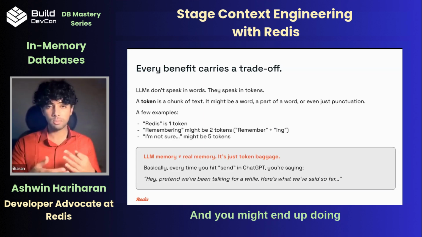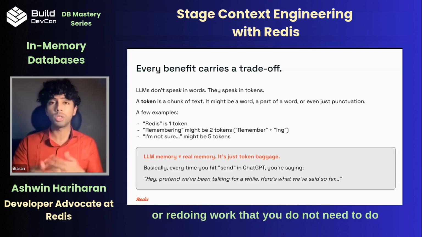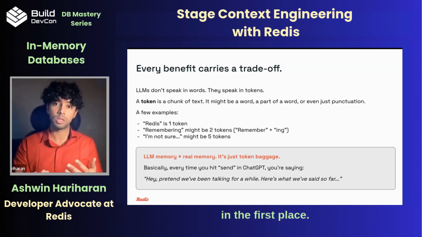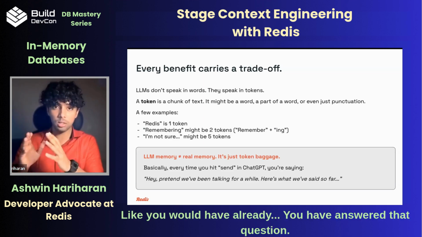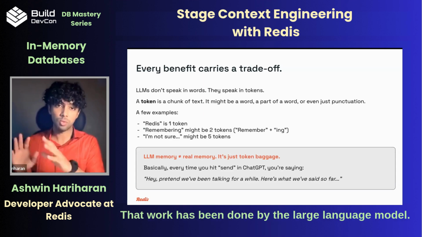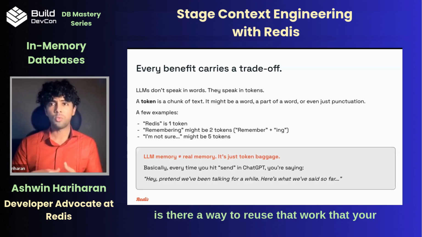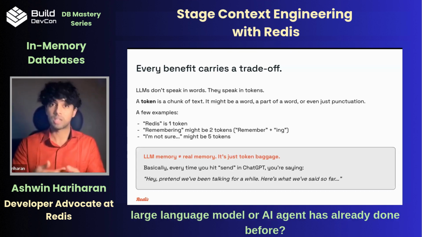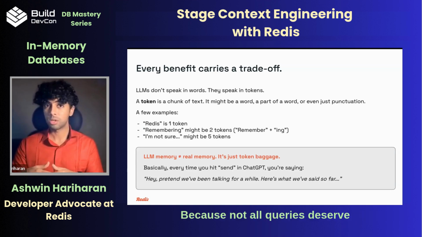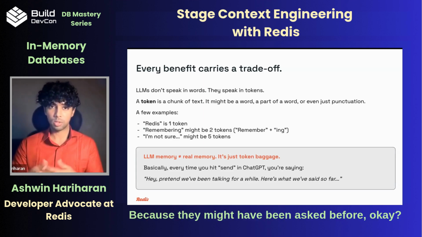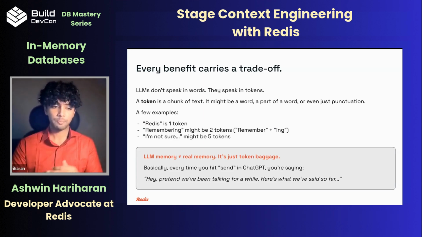And you might end up redoing work that you do not need to do in the first place. You have answered that question, and that work has been done by the large language model. Now the question is, is there a way to reuse the work that your large language model or AI agent has already done before? Because not all queries deserve a unique response, since they might have been asked before.